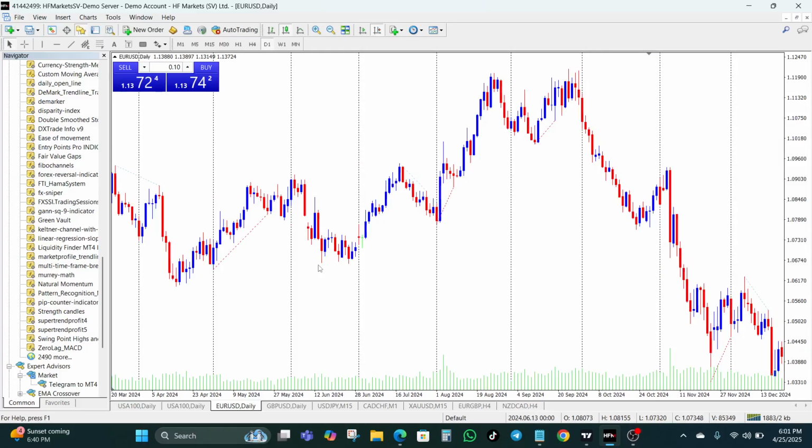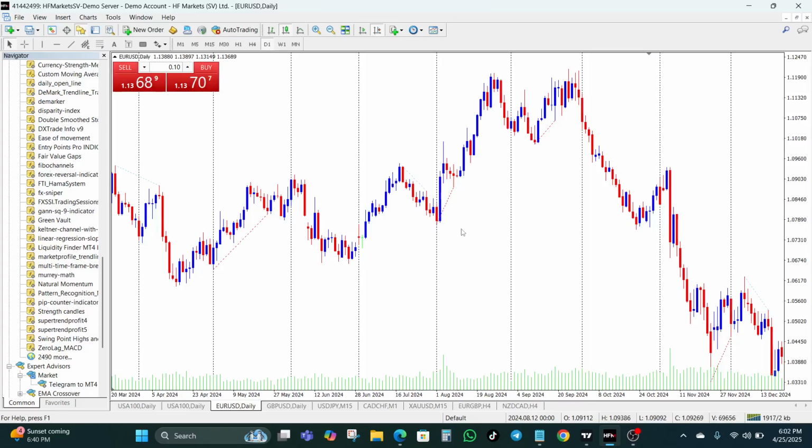Now, here's what makes the liquidity finder indicator powerful. It draws dynamic trend lines. As you can see, these dotted lines, these broken lines, are drawn by the indicator. It draws dynamic trend lines, meaning diagonal trend lines that update with live price action.